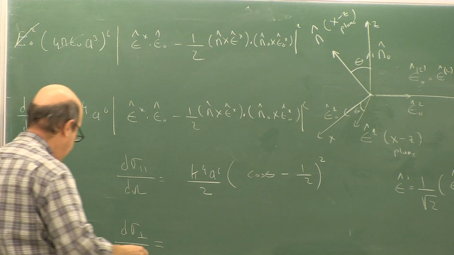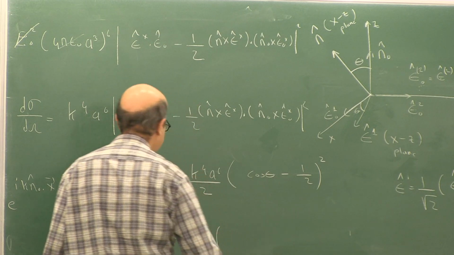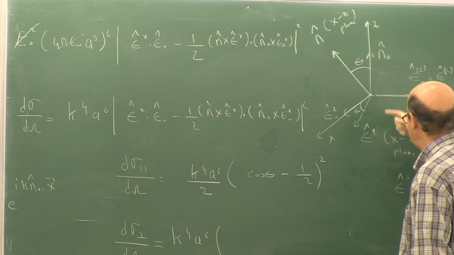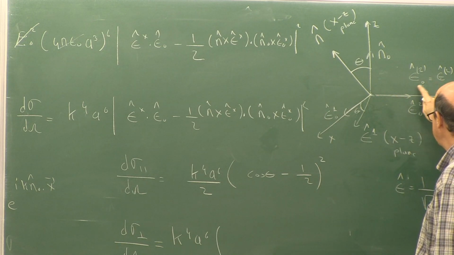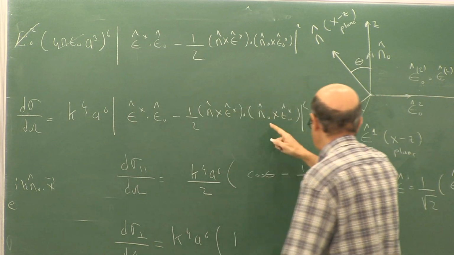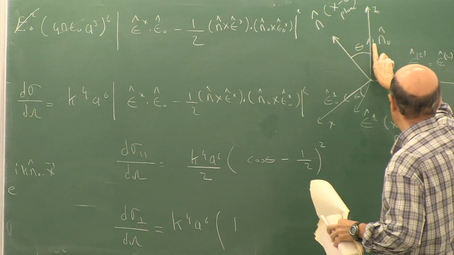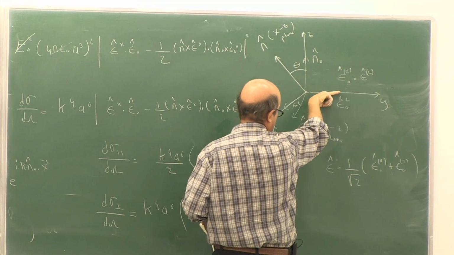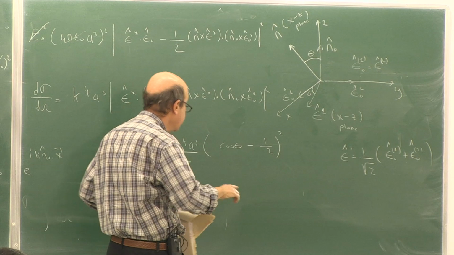How about the situation perpendicular to the scattering surface? K to the 4, a to the 6 you have. So for that term, before the scattering and after the scattering, epsilon will be along y-axis like before, so that will be 1. Only the difficult one, that will be the difficult one. So you will do what? You will take the n cross epsilon 0, n0 is along the z direction and epsilon 0 along y direction, which is perpendicular to the scattering surface.